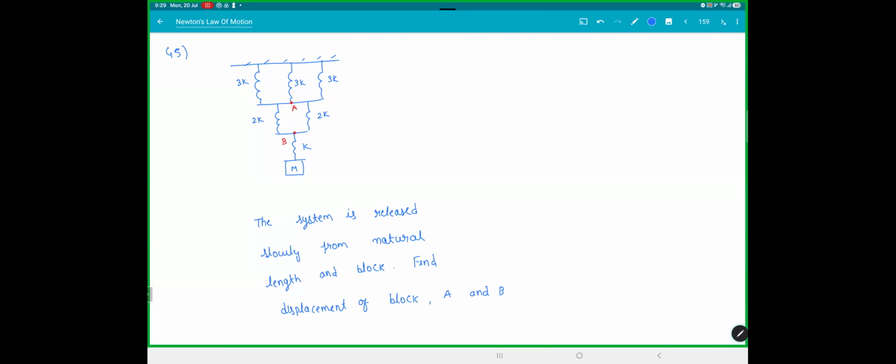First, find the elongation of the block. First, find K equivalent. You can replace the whole thing with one spring actually. Try whatever you can. I'll give you a minute or two and I'll show you.